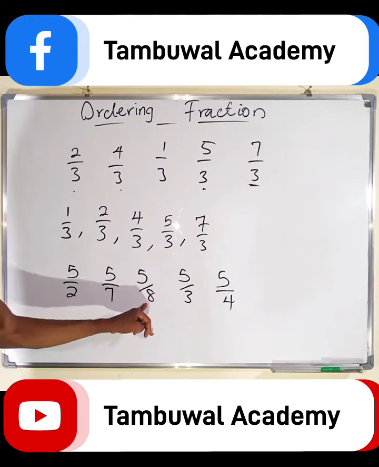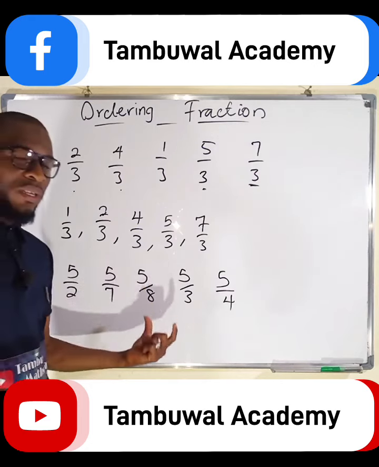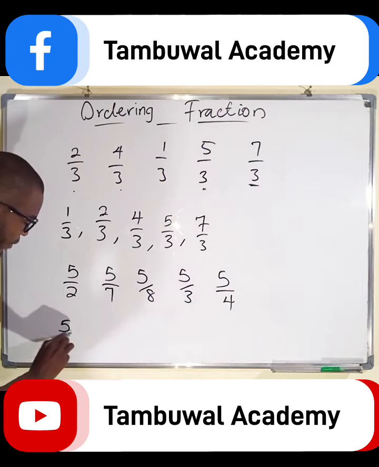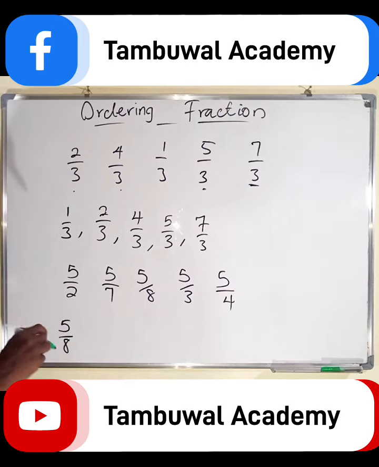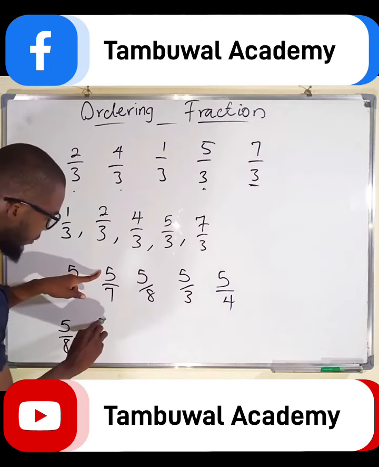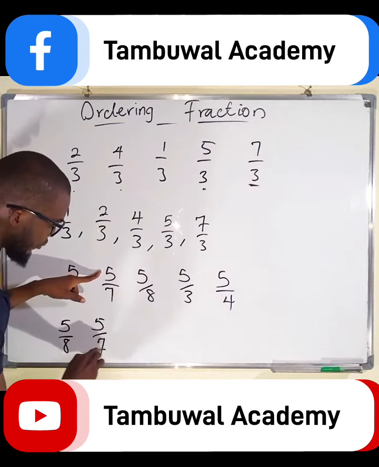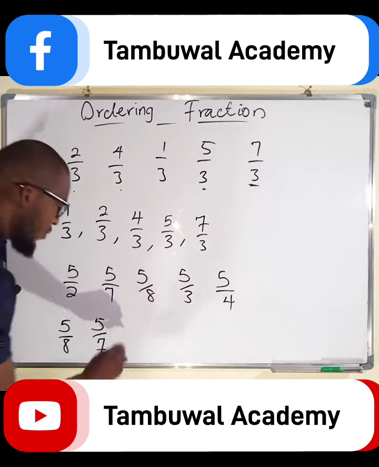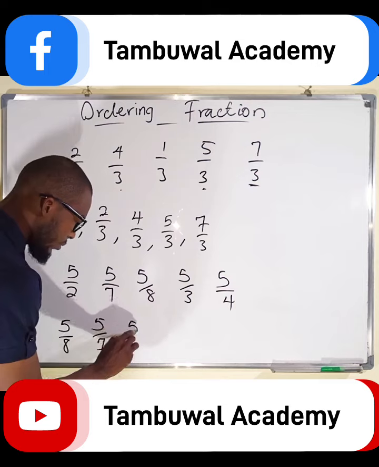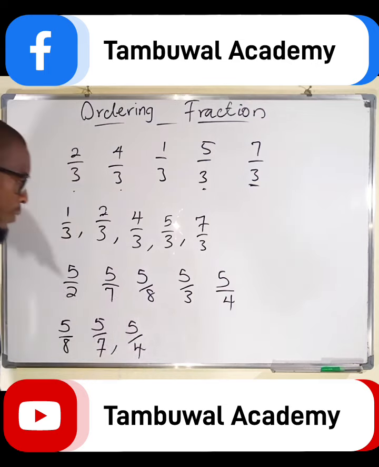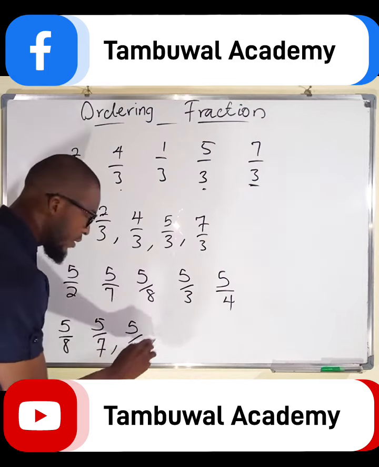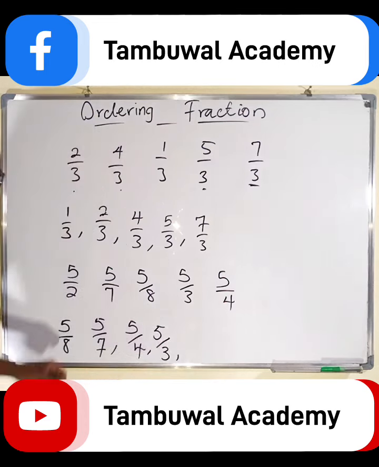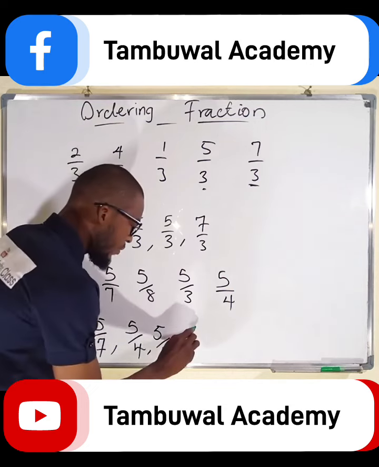So to write this in ascending order, you have to start from the least. And the least is this one, which is 5/8. It is the smallest, followed by 5/7, followed by 5/4, followed by 5/3, and lastly 5/2.